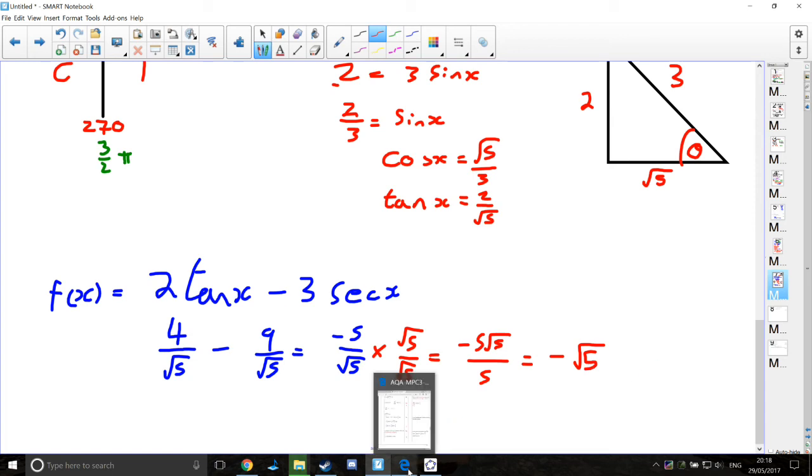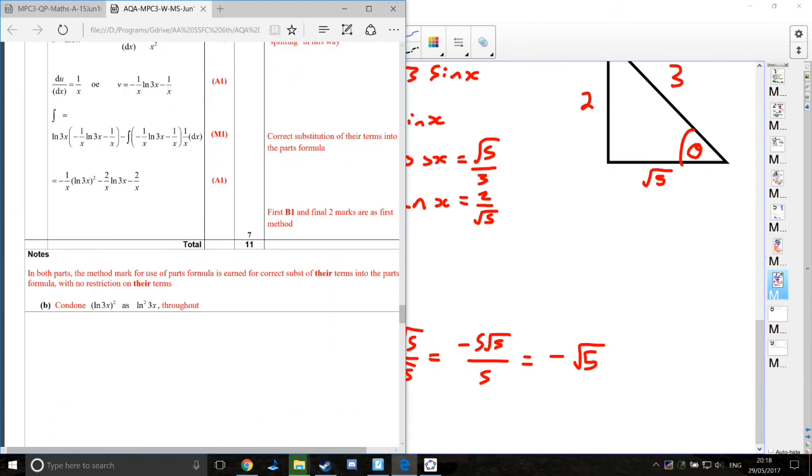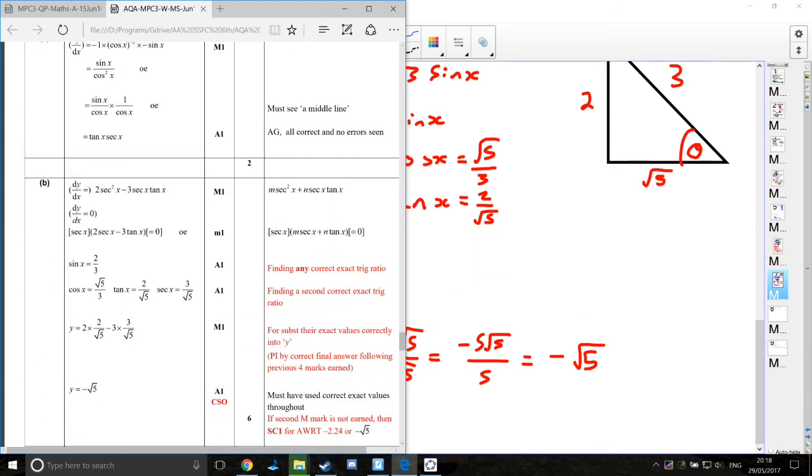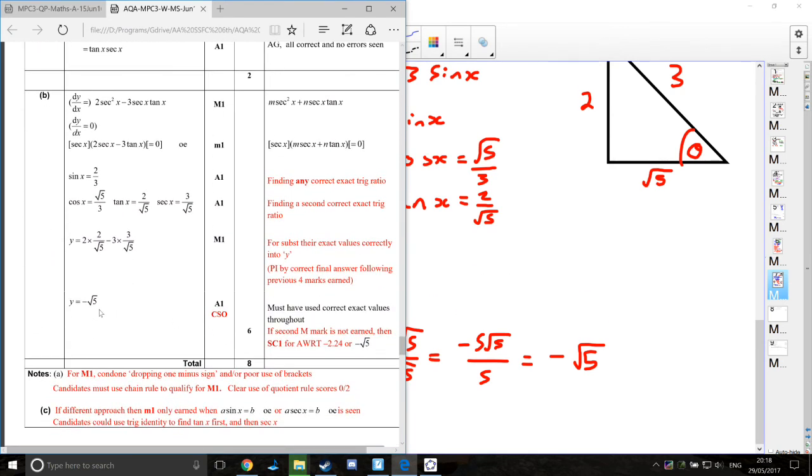And just looking at the mark scheme quickly, there we have it. That's it.